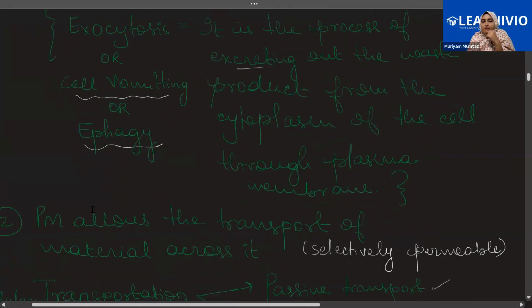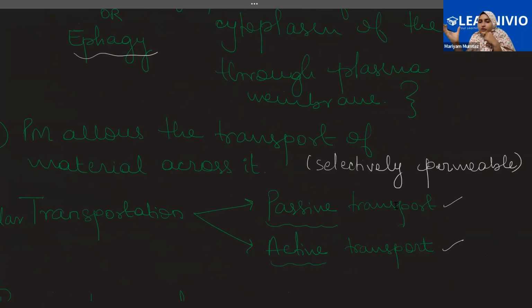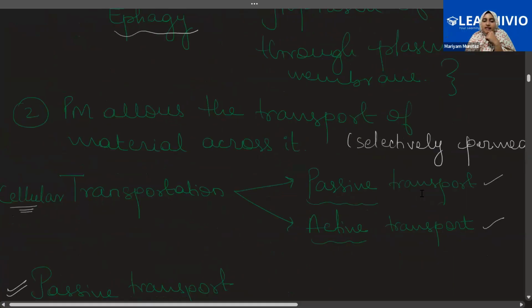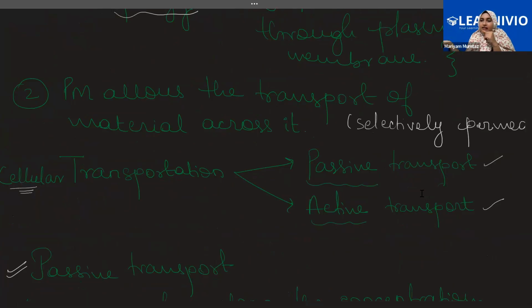Apart from that, the plasma membrane allows the transport of materials across it, because its nature is selectively permeable. It is permeable, but only to selective molecules, not bigger molecules, not charged molecules, only some smaller molecules. Now, there are various kinds of transportation that take place in the cell.